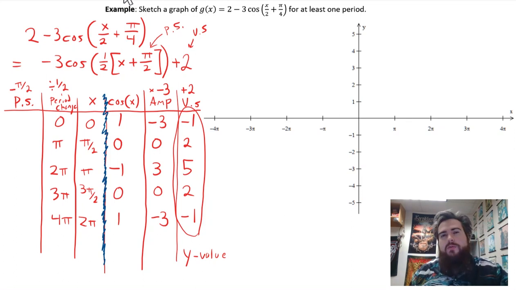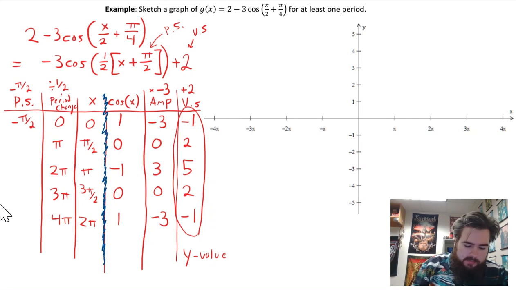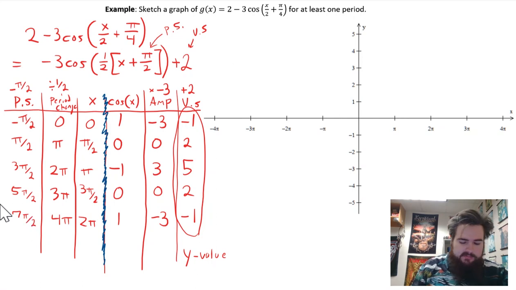You will tend to notice the operations that we do to the y-coordinates are a little bit more straightforward for what you see in the function, whereas the operations you do to the x-coordinates are typically the opposite. I see a plus pi halves in the function. I'm going to actually subtract by that, which will now give me negative pi halves, pi halves, 3 pi halves, 5 pi halves, and lastly, 7 pi halves.